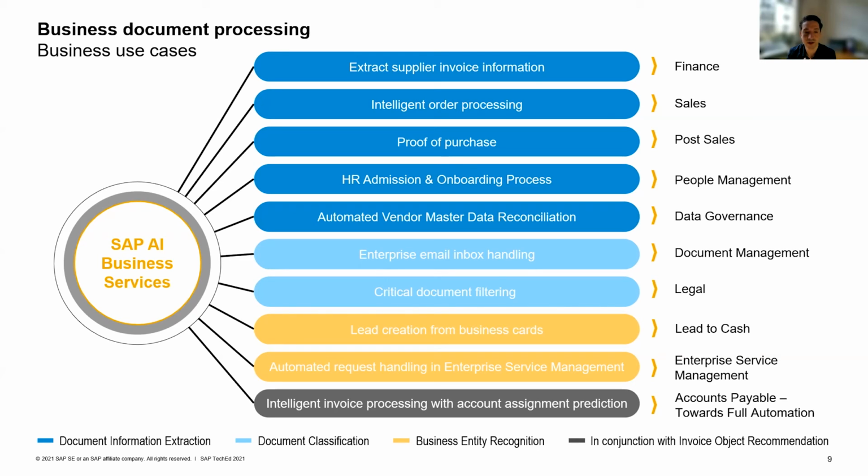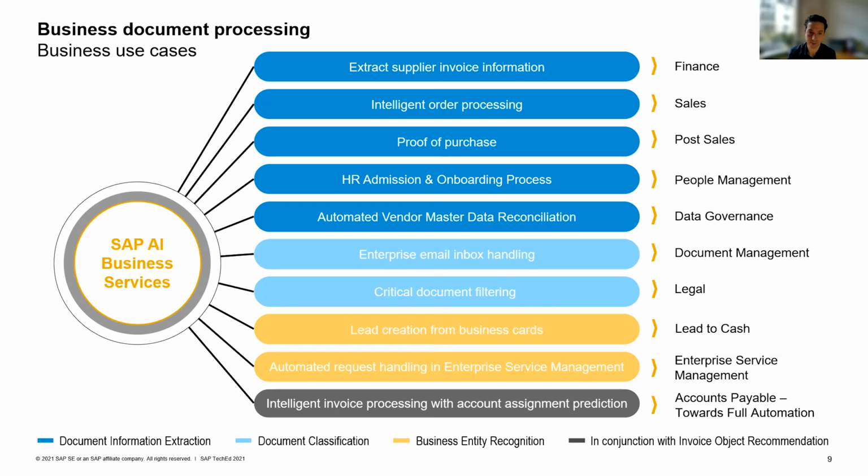You can also think about use cases in the document management domain and in legal departments where you have to deal, for example, with the classification of large amounts of incoming documents. So, for example, here this enterprise email inbox handling is one of the use cases where a customer needs to classify incoming documents by a document type.